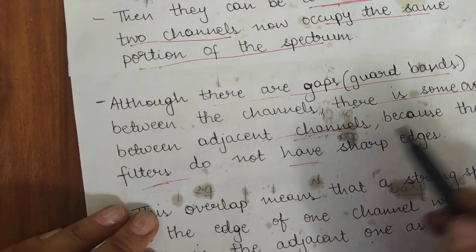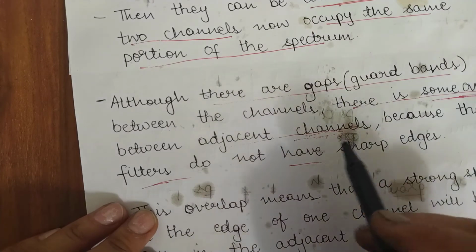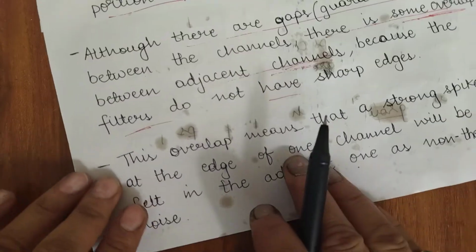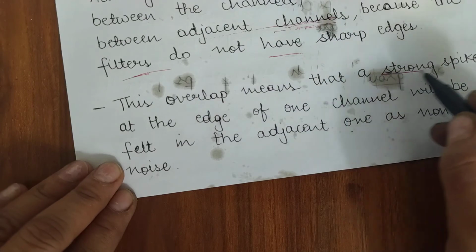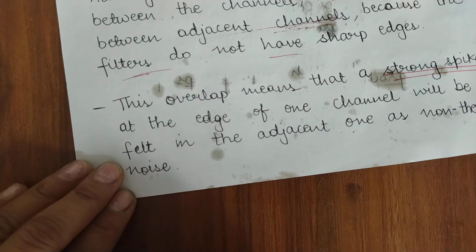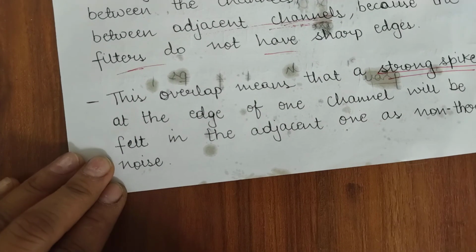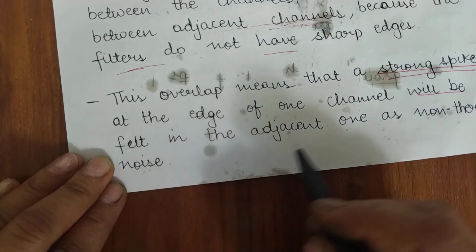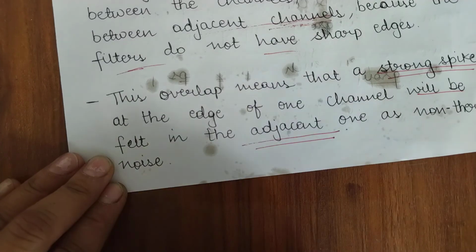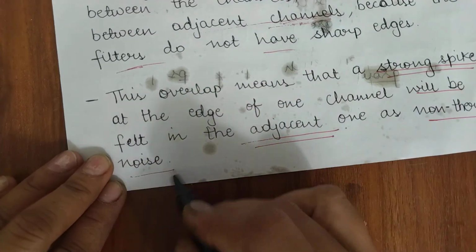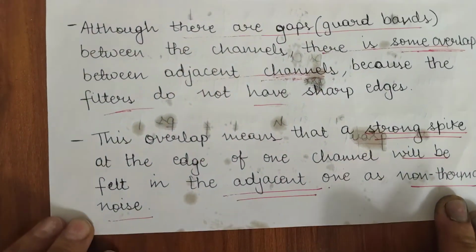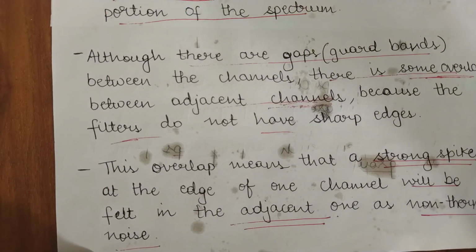So obviously there will be some overlap in such a case between the adjacent channels. This overlap basically means a strong spike at the edge of the channel. So usually at the edge of the channels there is a strong spike, and this can be felt in every adjacent channel as non-thermal noise. So this is all about frequency division multiplexing.